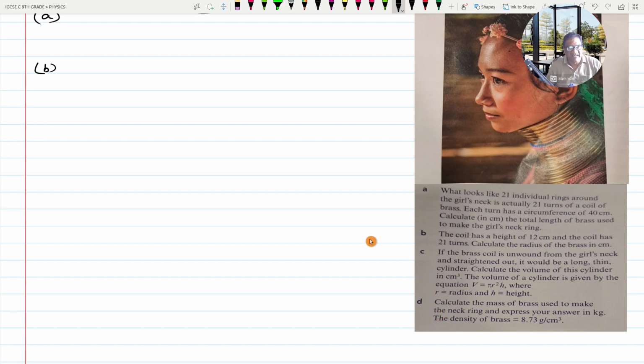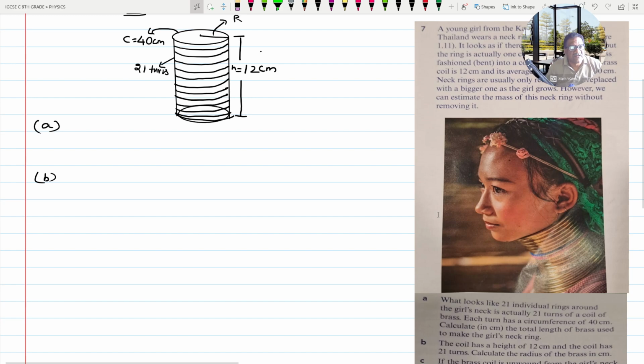Step A tells you that what looks like 21 individual rings around the girl's neck is actually 21 turns of a coil. If you see this ornament carefully, its length is 12 centimeters. It's a cylindrical shape, so it's a coil.